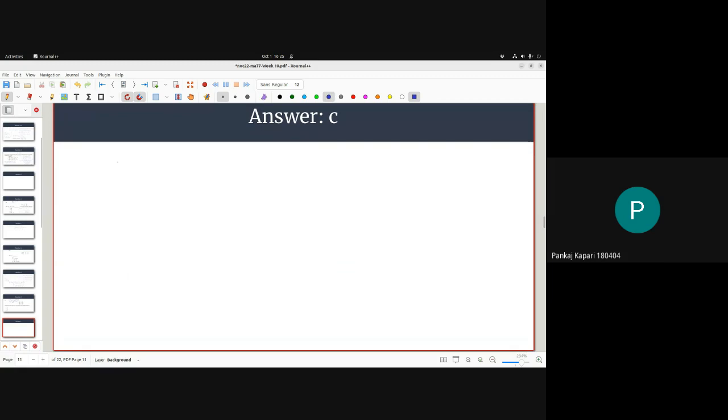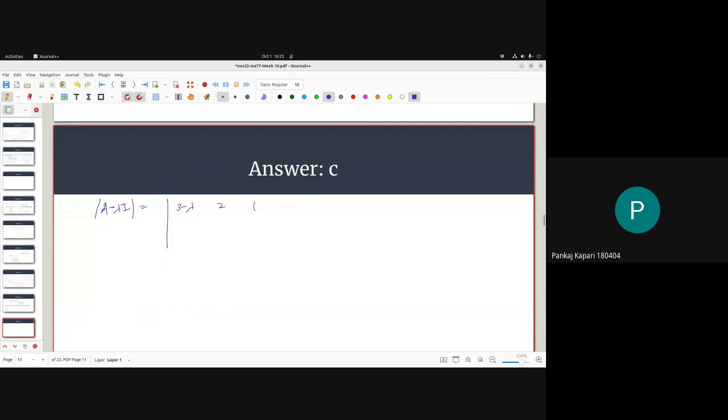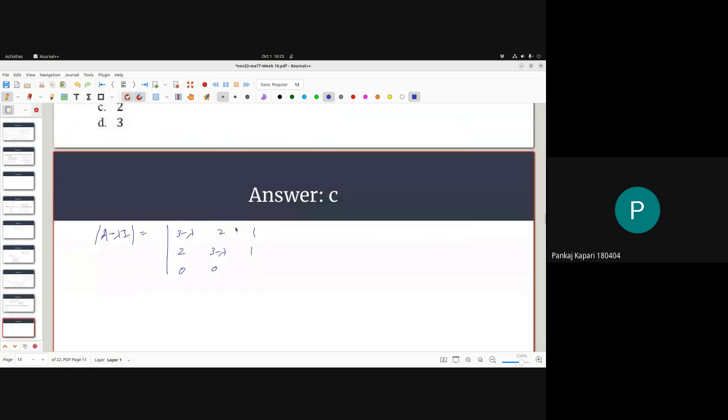Okay, for the eigenvalues, again we have to put the determinant of A minus lambda times identity equal to 0. So this implies the determinant of 3 minus lambda, 2, 1; 2, 3 minus lambda, 1; 0, 0, 1 minus lambda.